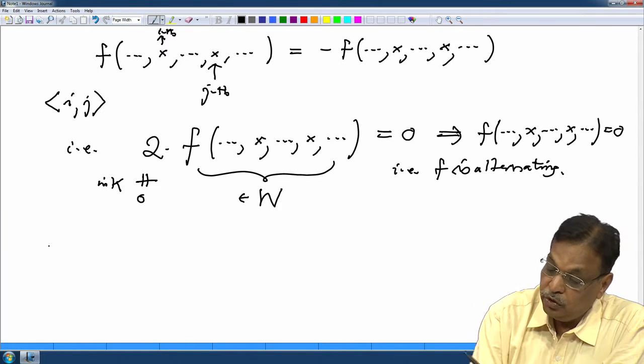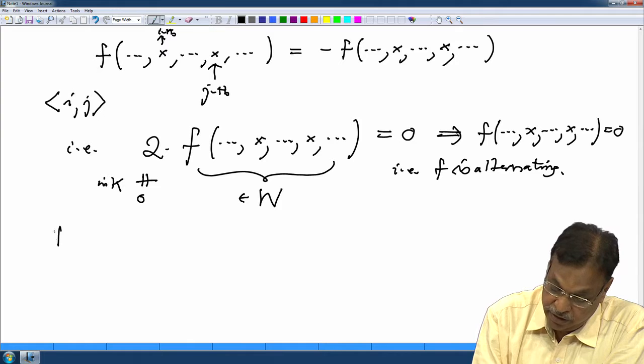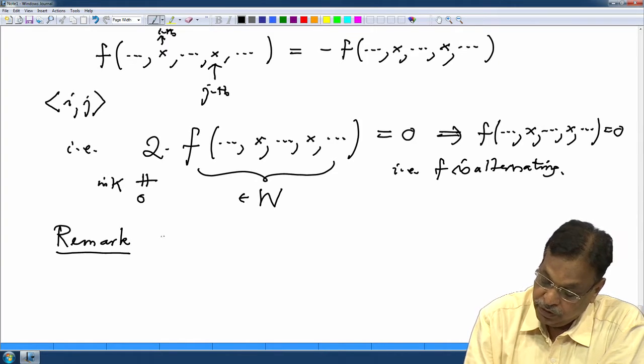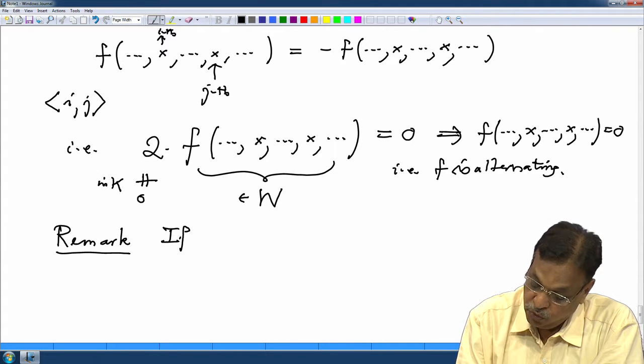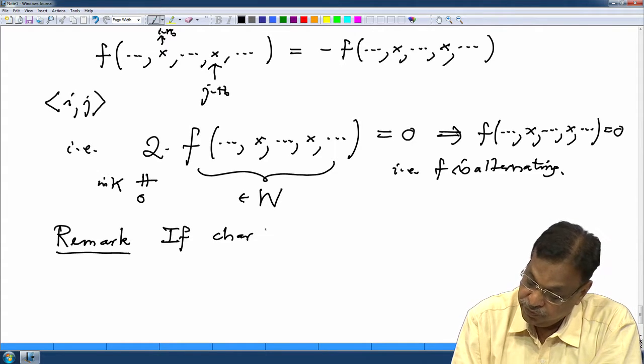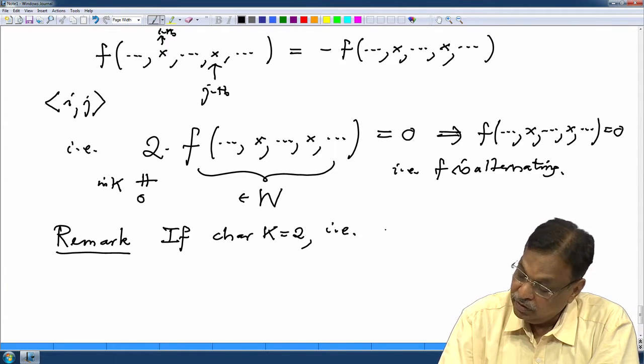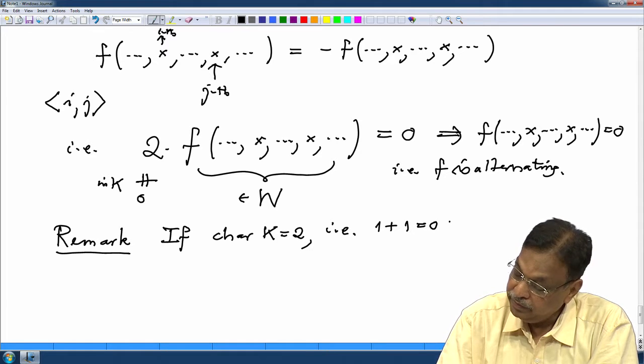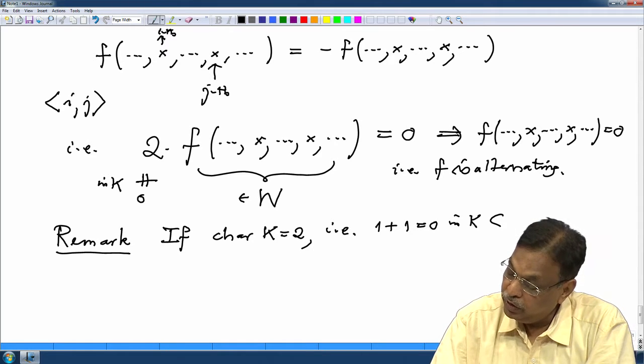So, just wanted to remark what happens in characteristic 2. If the characteristic of k is 2, that means 1 plus 1 is 0 in k, or equivalently 1 equals minus 1 in k.